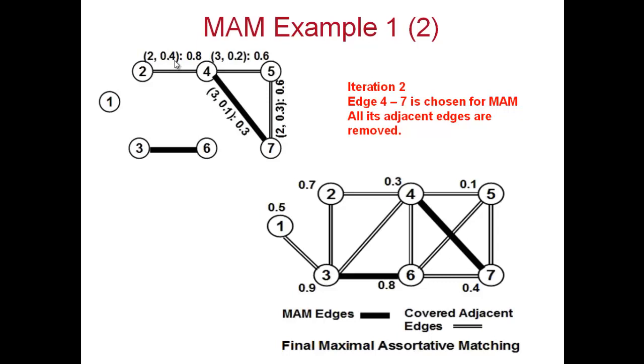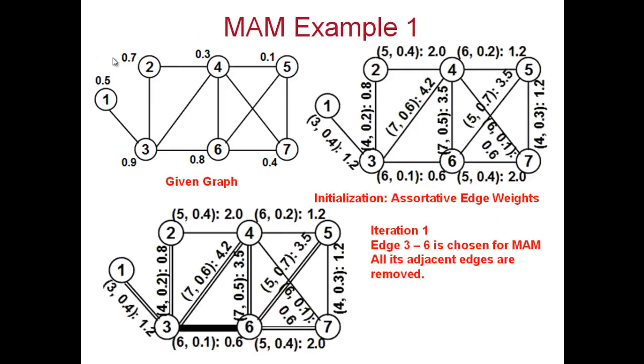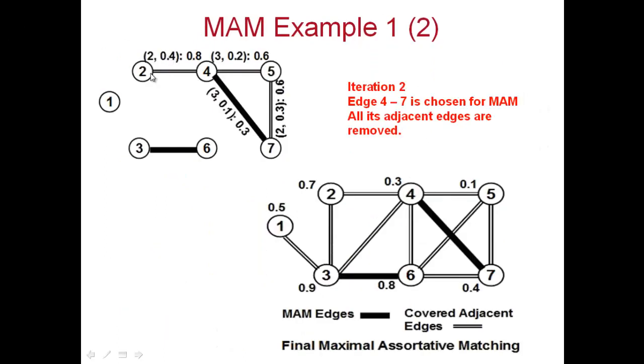And again, the absolute difference comes from the original absolute difference in the node weights. Then the coverage weight comes based on the degree of the updated graph. So for edge 2, 4, it is 1 plus 3 minus 2, so it is 2, and 2 times 0.4 is 0.8. So among these 4 edges, 0.3 is the minimum in the product.